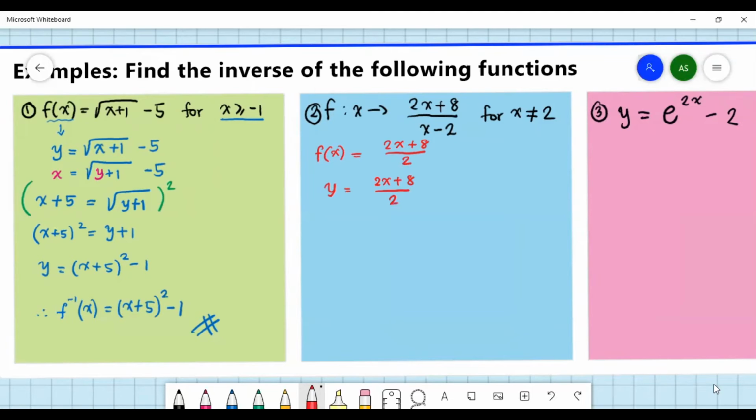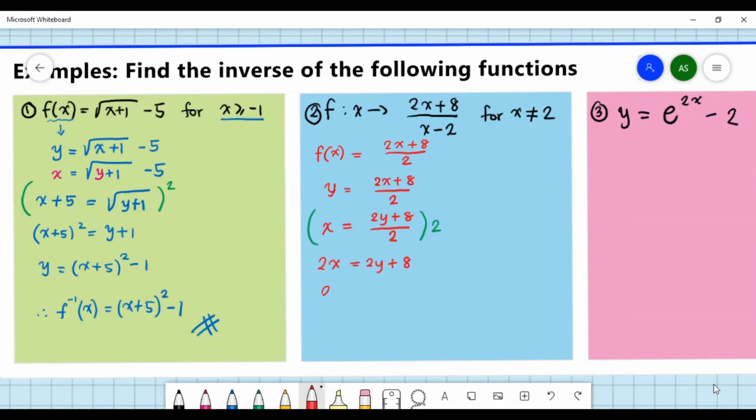And then we interchange x and y, so that will give us x equals 2y plus 8 divided by 2, and make y the subject of the formula. If we want to do that, we have to get rid of the denominator 2. We multiply both sides by 2. So that will give us 2x is equal to 2y plus 8.